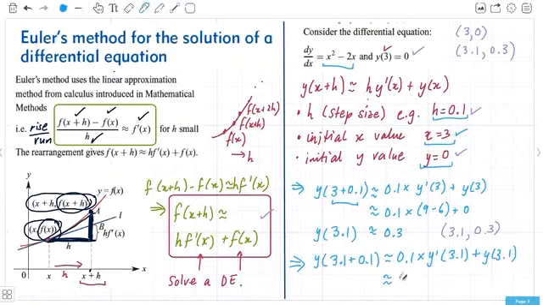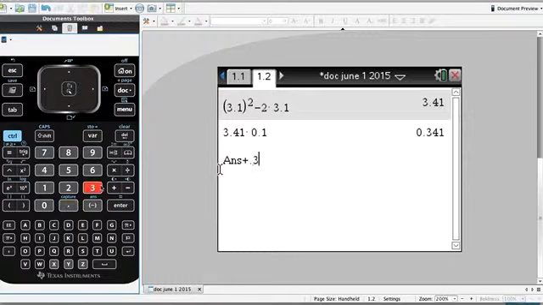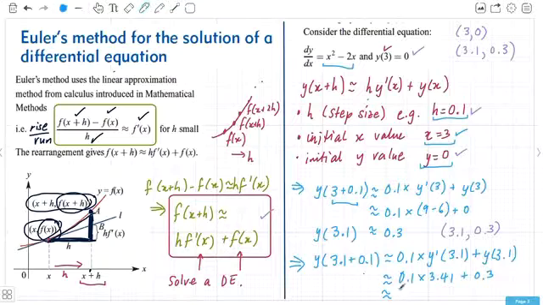So this is going to be 0.1 times 3.41 plus, and I know that y of 3.1 is 0.3. And if I put this all together, multiply 3.41 by 0.1, and add 0.3 to that, 0.641. So after all that, I end up with 0.641.